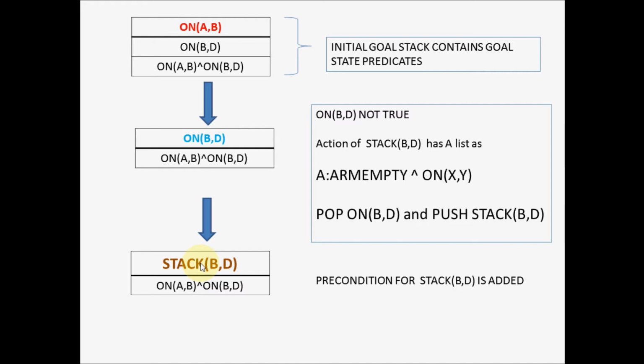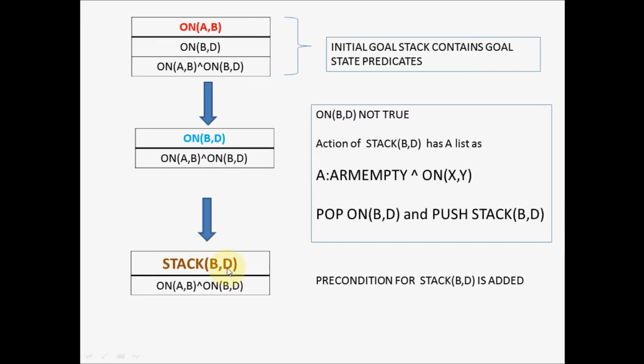For the action to be executed, all its preconditions have to be true. So it finds out all the preconditions of the stack action, and those preconditions are loaded on top of stack b comma d. Only when all those predicates become true will stack b comma d be executed.